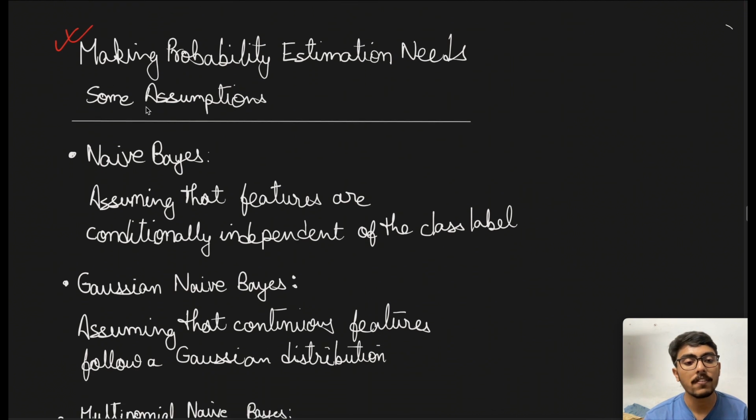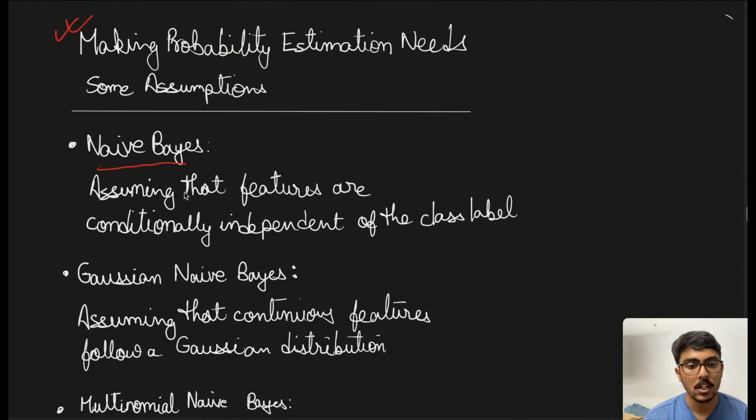vectors. The first one is the naive-Bayes approach, assuming that the features are conditionally independent given the class label. This means that the features we assess in a particular pattern vector, which you'll see as x1, x2, x3, are all conditionally independent of each other. Sorry, not of each other, but given the class label.